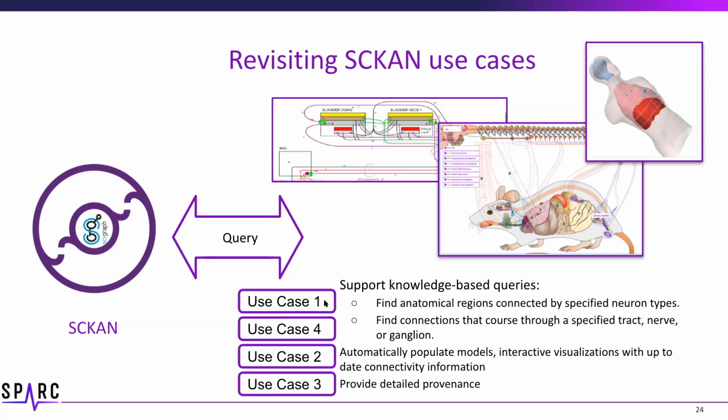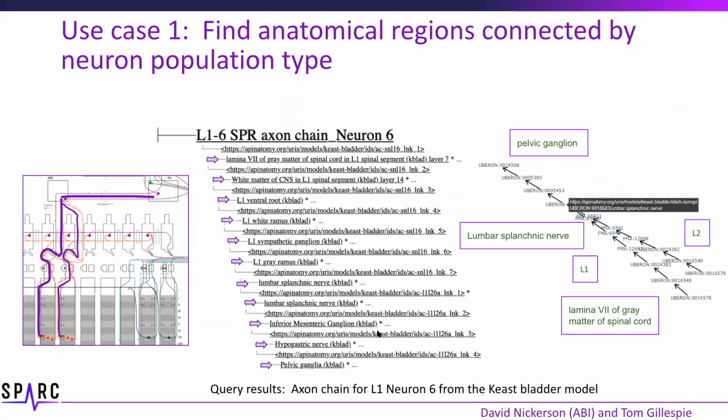So I'm going to show these use cases, and forgive the ordering here, but the flow worked better if I show this one first and then the second knowledge-based query last. So the first use case is simply find anatomical regions connected by a neuron population type. That would be one of these things that you see here.